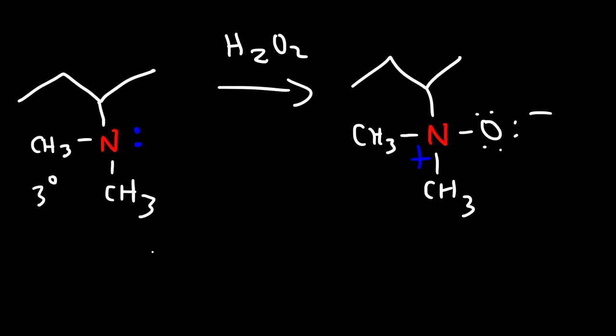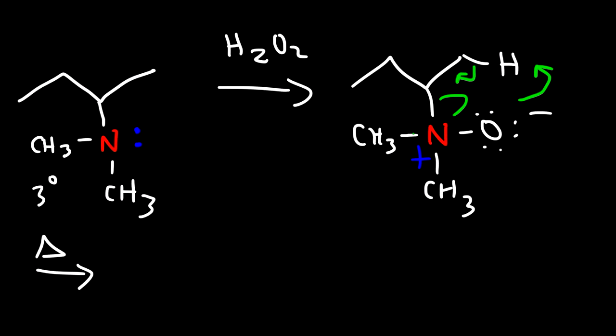Now once we heat the solution, the Cope elimination will occur. So the oxygen with a negative charge is going to go for the hydrogen that has the same direction as the nitrogen. So if this is on the wedge, this must be on the wedge too. It occurs with syn stereochemistry. So it's going to go for the hydrogen. The carbon-hydrogen bond is going to break, forming a double bond, kicking out the leaving group.